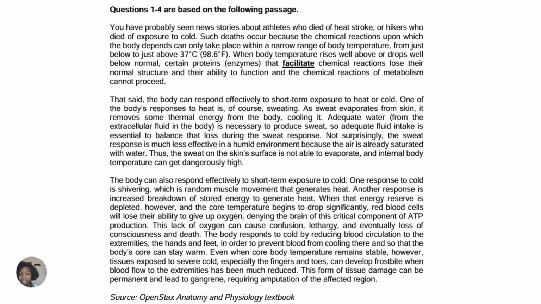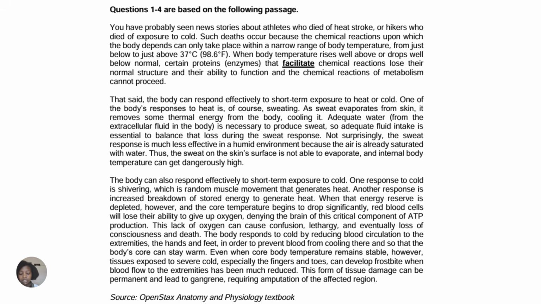That said, the body can respond effectively to short-term exposure to heat or cold. One of the body's responses to heat is, of course, sweating. As sweat evaporates from skin, it removes some thermal energy from the body, cooling it. Adequate water from the extracellular fluids in the body is necessary to produce sweat.